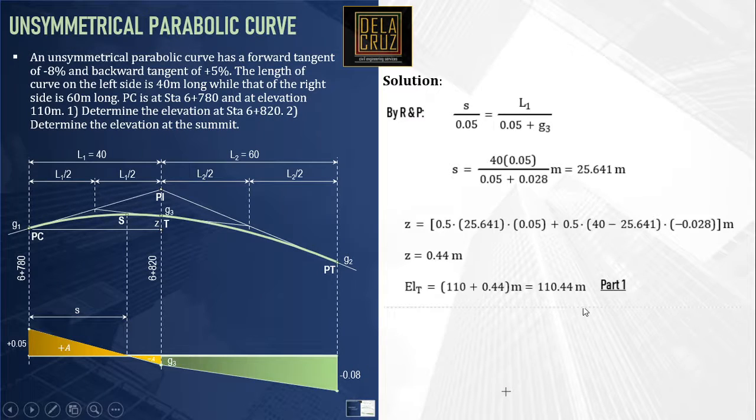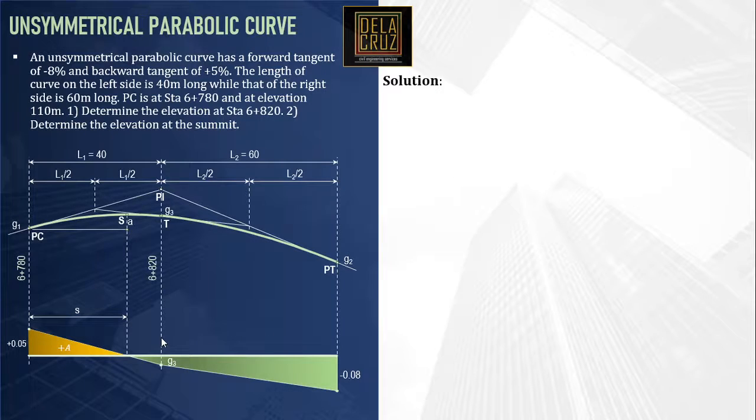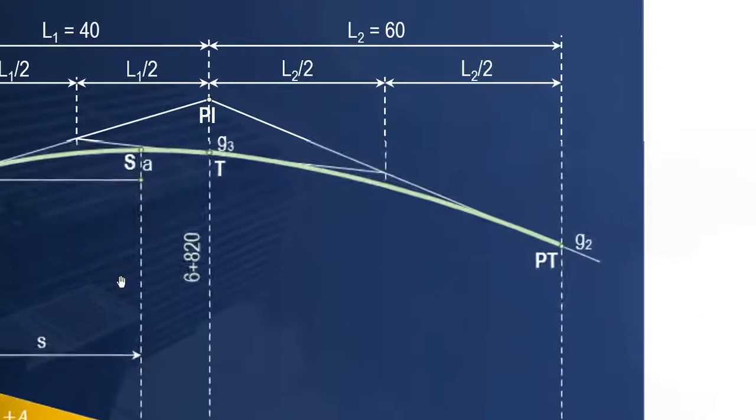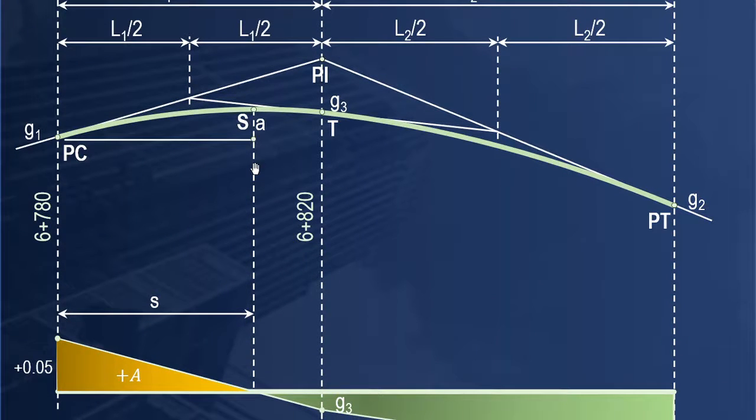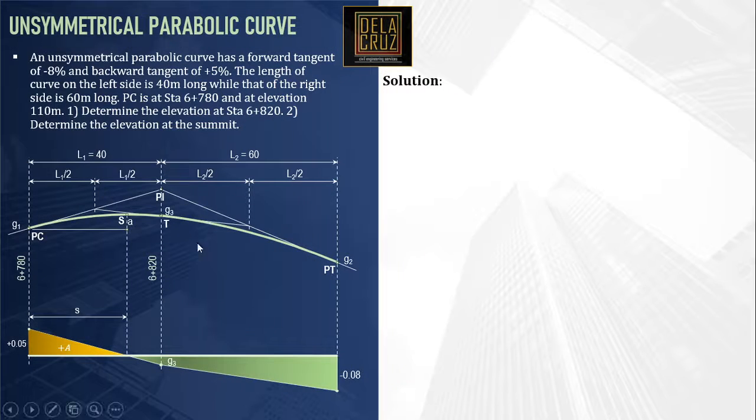Now, to have the elevation of S, considering the PC, the area for this is the difference in elevation. Let me call that one as A, the difference of elevation between S and PC. So that small a is equivalent to the area of this portion, the area under these 2 points.